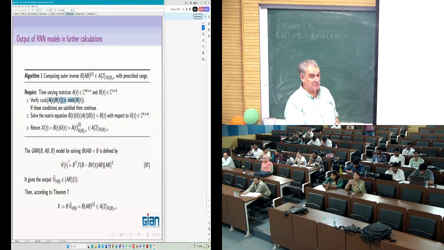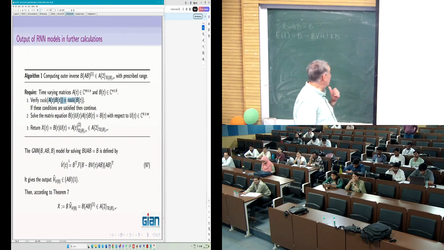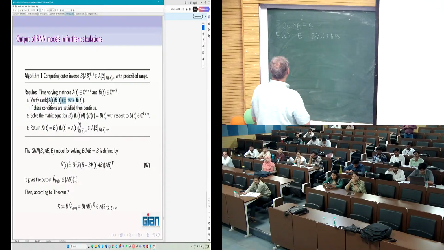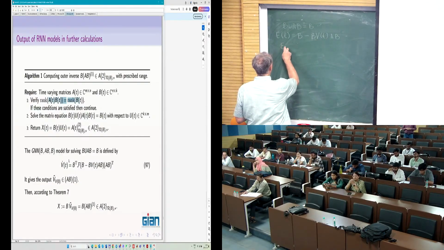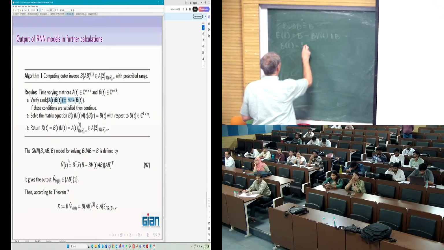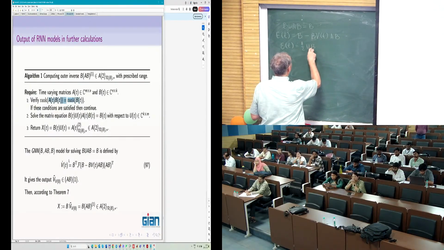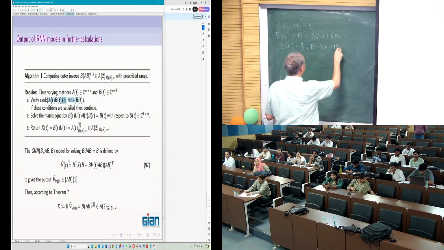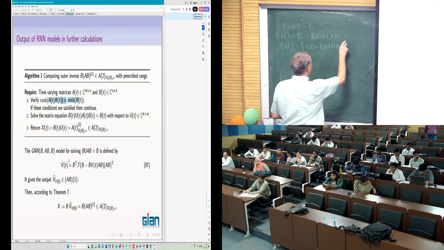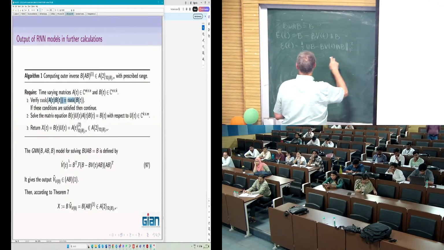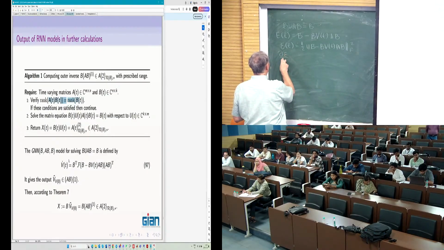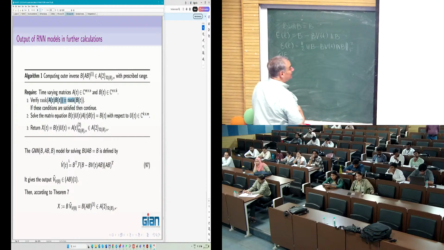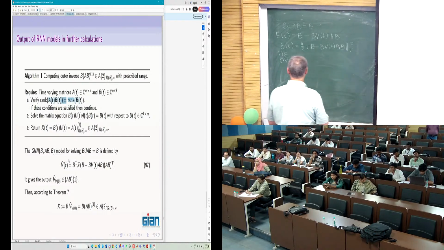It is always possible to find a relation between discrete time models, discrete time iterations, and the continuous time model. The goal function is the square of the Frobenius norm. The gradient of the error function is, minus will be here, I suppose.